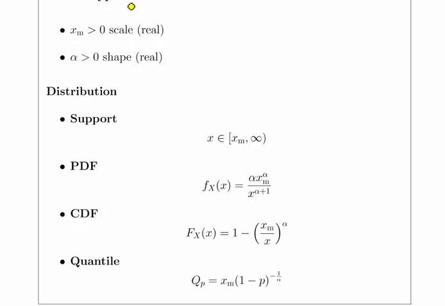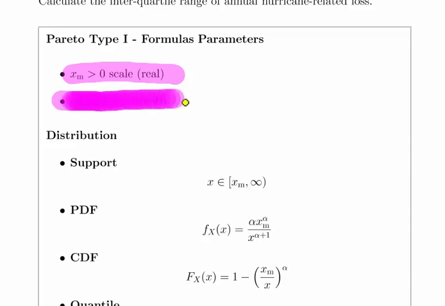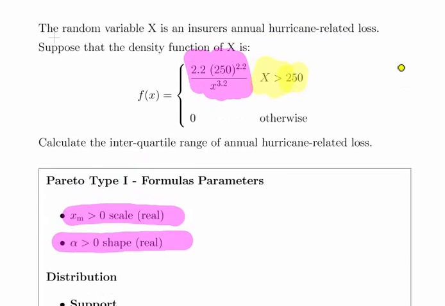So we have the Pareto type 1 distribution parameters: xm, greater than 0. That's the scale parameter. The xm also hints that it's the minimum value, so all the values have to be greater than that. As you can see here, this gives us a clue that this is xm.